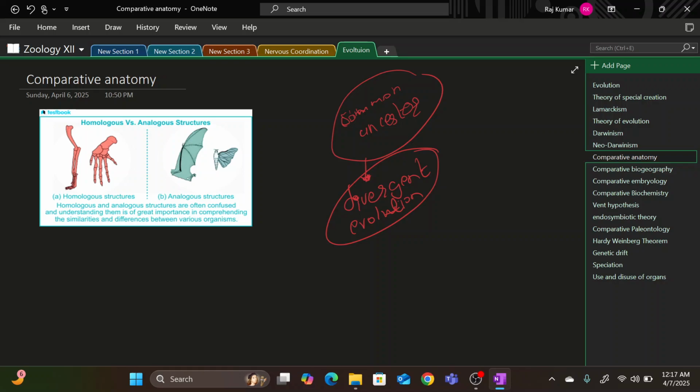They do not share a common ancestor in this respect, but they live in a common environment, and thus they are associated with convergent evolution.